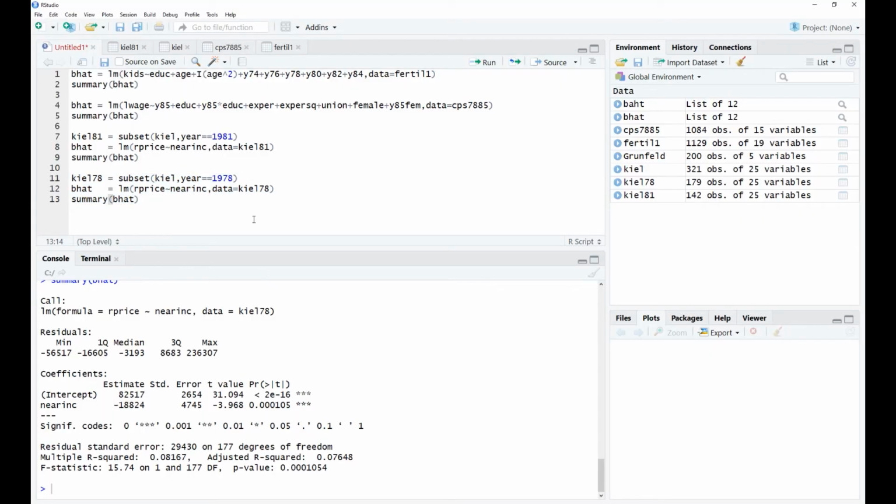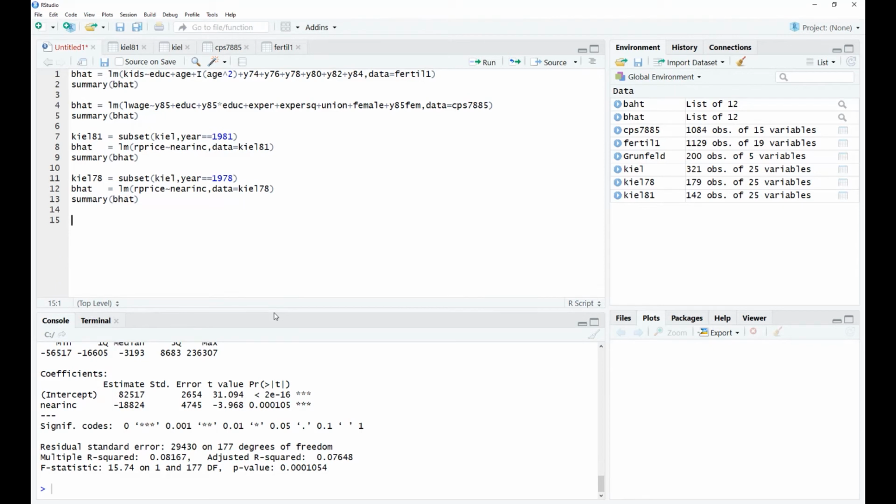Now, to tease out the effect of the garbage incinerator on home values, let us run the following model with the entire data set.